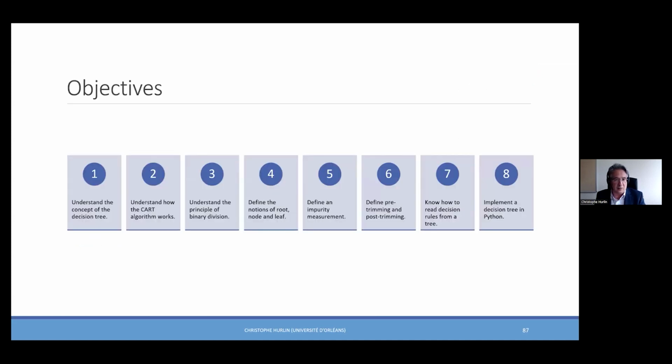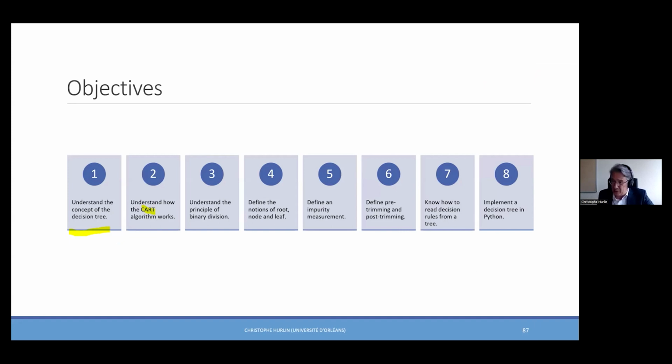So let me start with the objective of this section. The first is to understand the concept of decision tree. Then, for a decision tree, there are many algorithms to produce it, and we will detail the most famous algorithm, which is the CART algorithm proposed by Breiman.